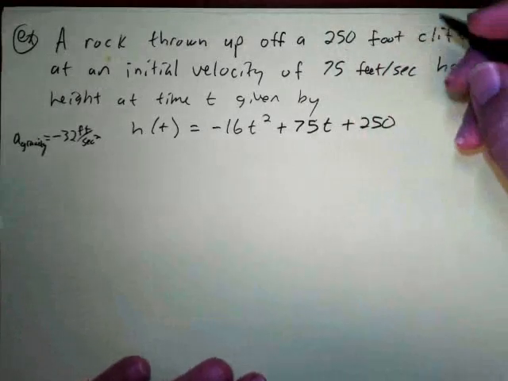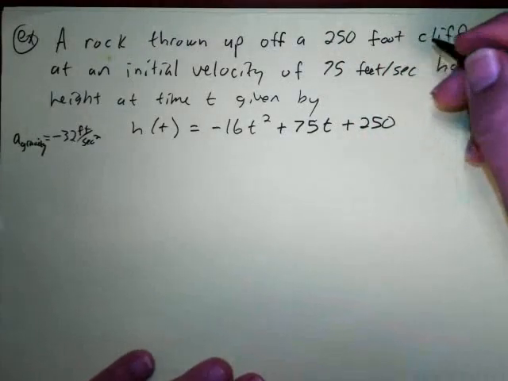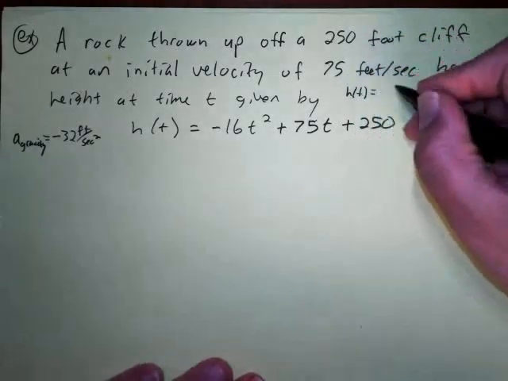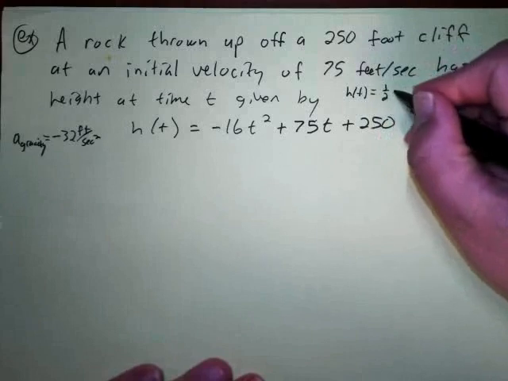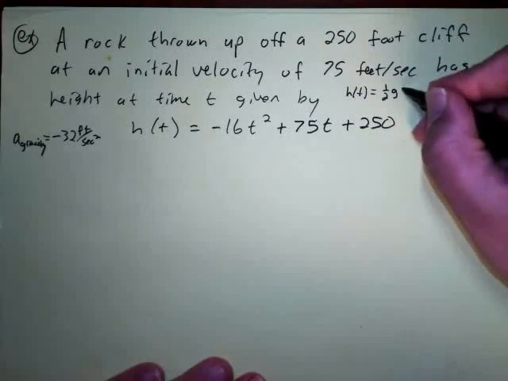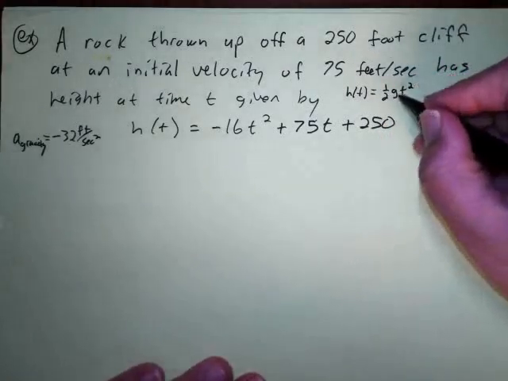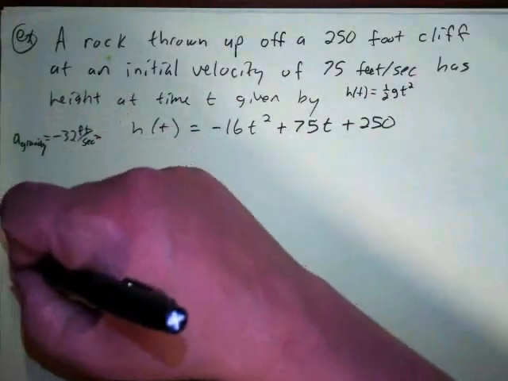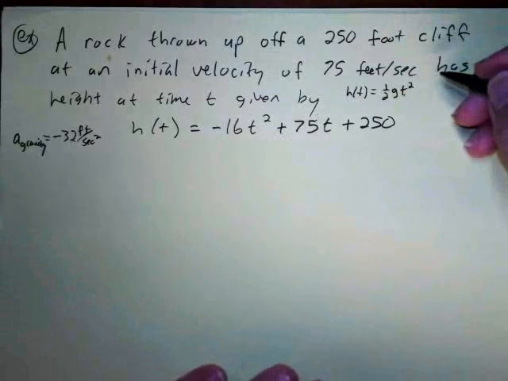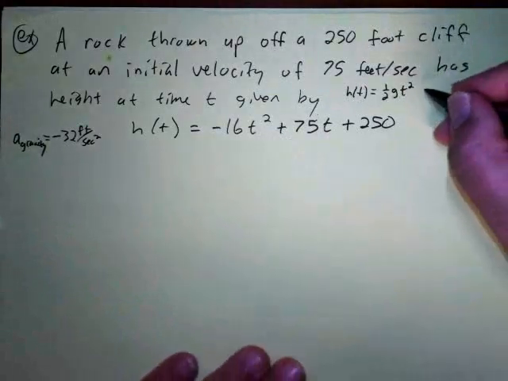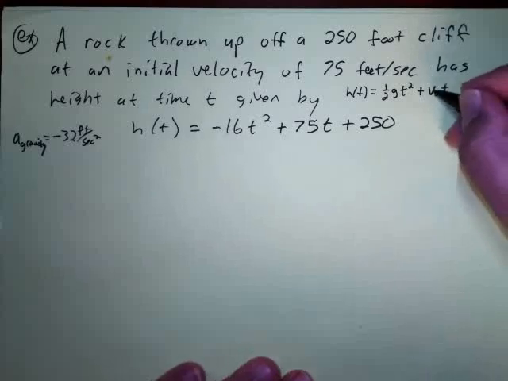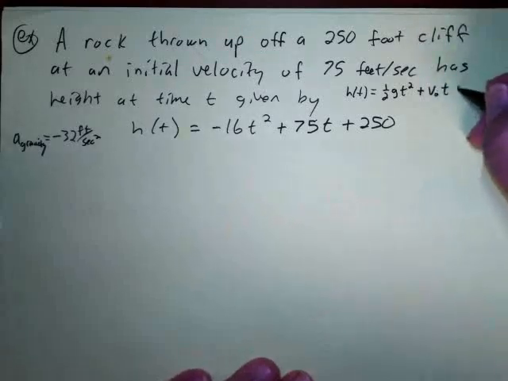Okay? So in general, you could say the height of an object is 1/2 the acceleration due to gravity, times t squared. And the acceleration due to gravity is always negative, because downward is the negative direction, upward is the positive direction. Okay? And then it's plus v naught times t, where v naught is the initial velocity, plus h naught.